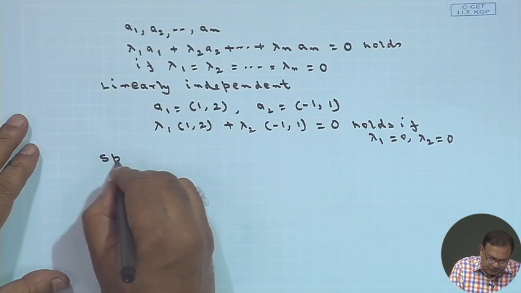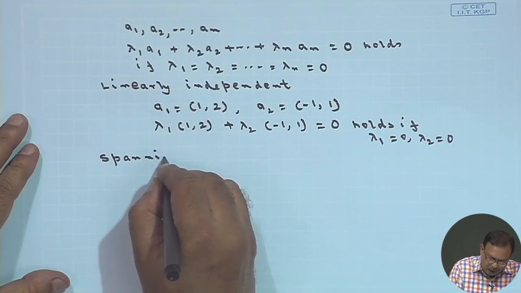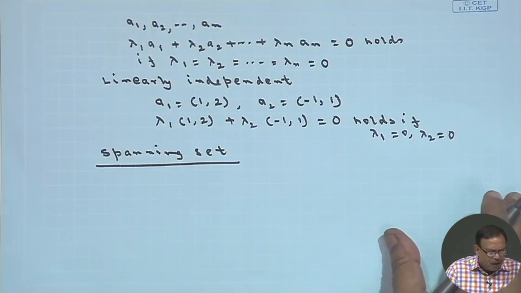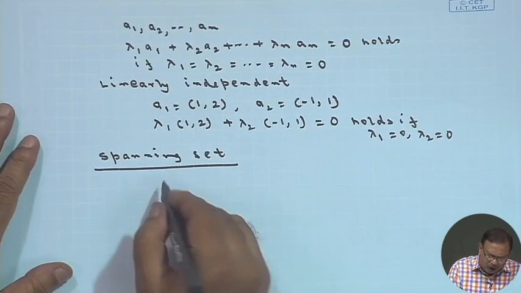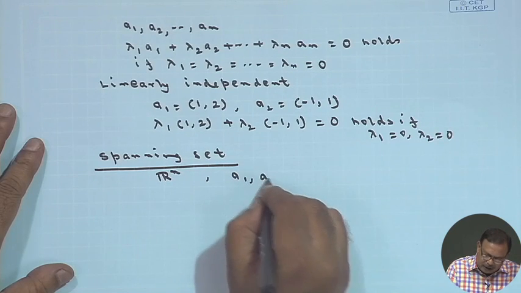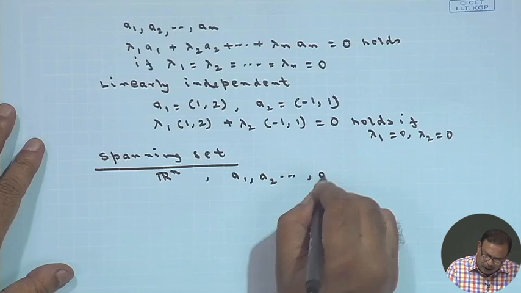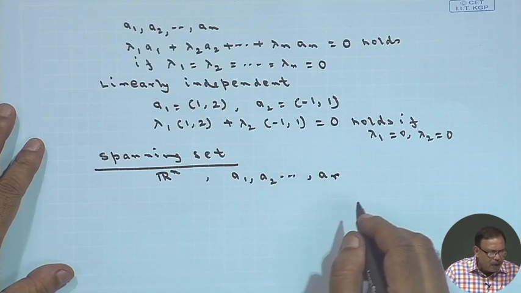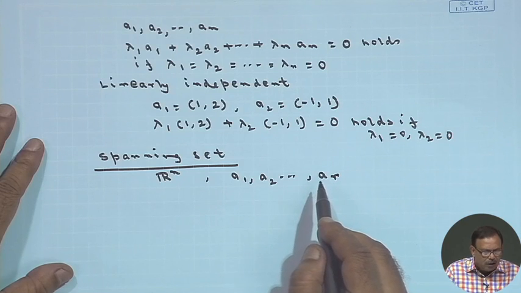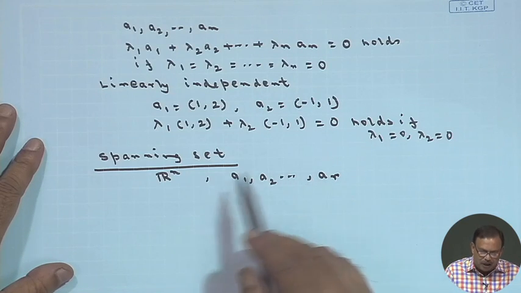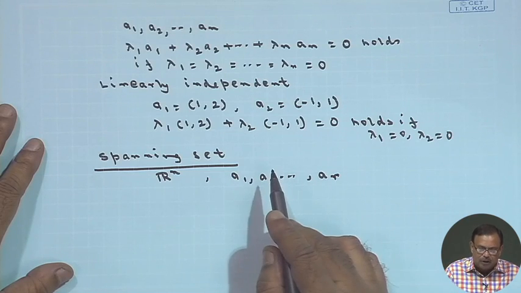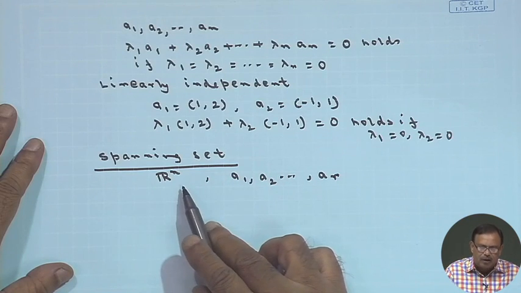Next is the spanning set. You have the set of all vectors in Rn. From here, if I can get a set of vectors a1, a2, ..., ar, we say that this set of r vectors a1, a2, ..., ar will span or generate Rn. That means if I take any linear combination of these, that will be a vector of Rn.